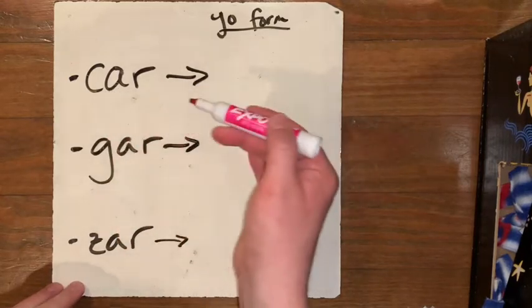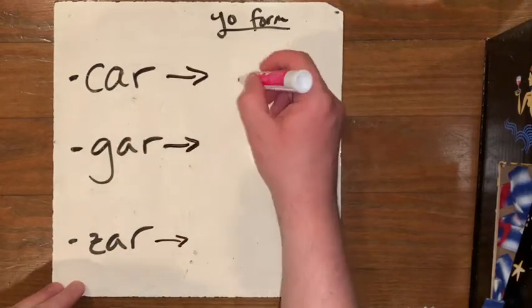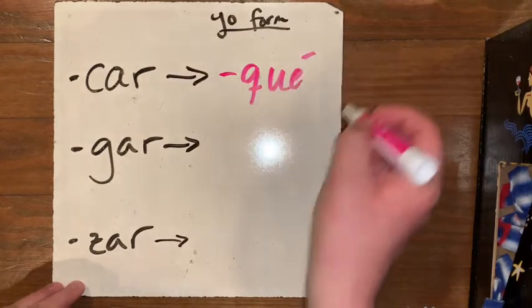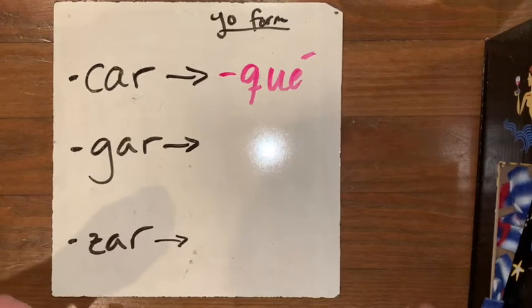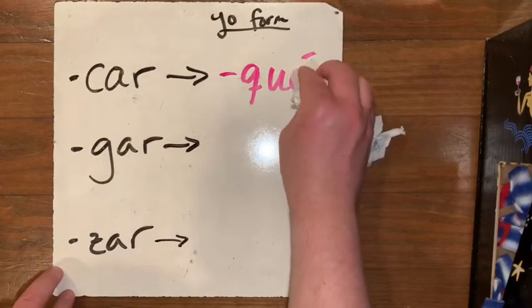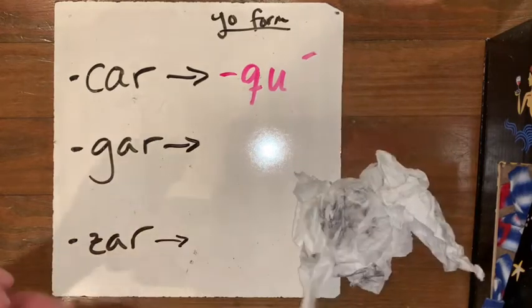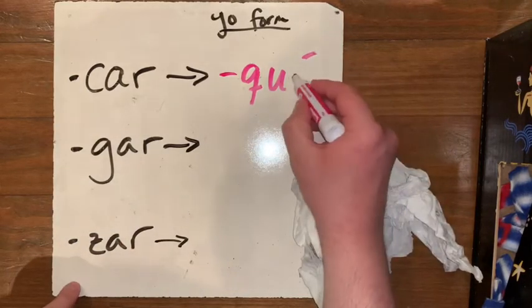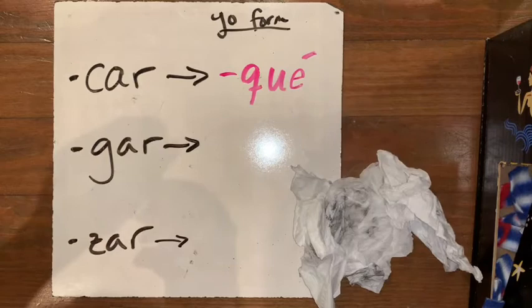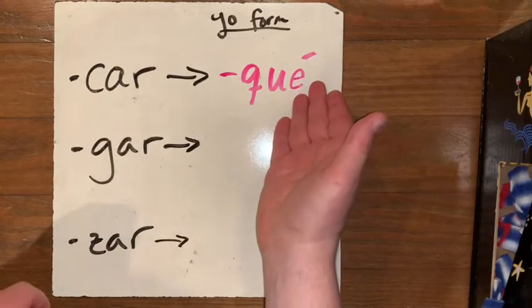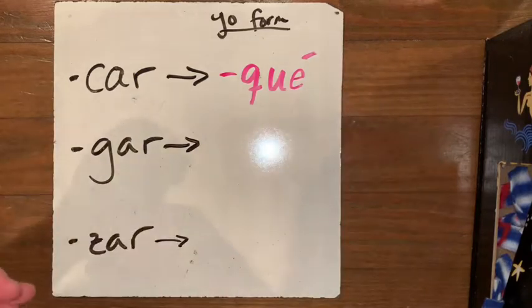But what we're actually going to do is we're going to get rid of the C also, and we're going to replace the whole thing with Q, U, E. Now, you've learned how to pronounce Q, U, E. It's pronounced K. So we'll tag that on the end of our stem if we're saying that I did whatever the verb is.